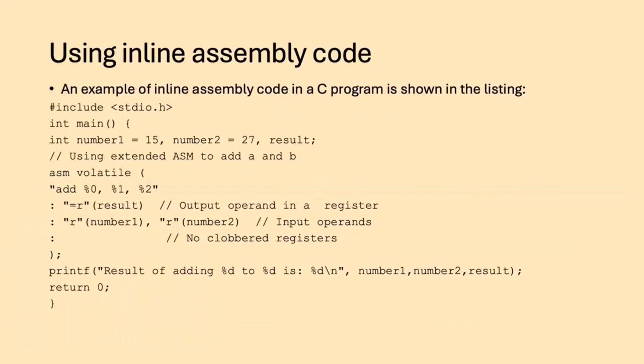Now if we look at the extended ASM code, the instruction will add the two registers embedded by the operands, %1 and %2. The result sum will be stored in a register. Our number 1, our number 2 includes that these are also in registers.